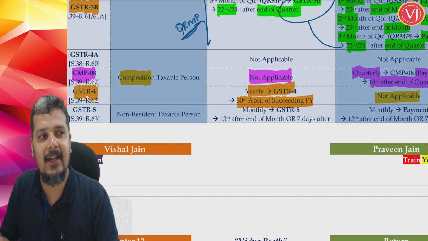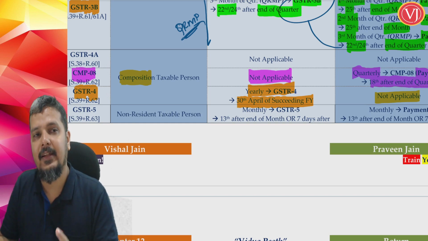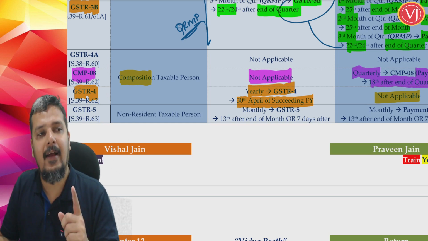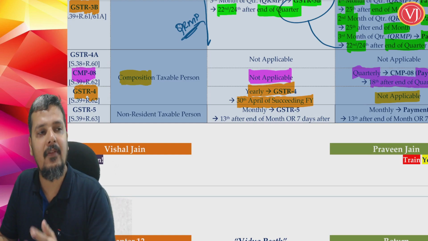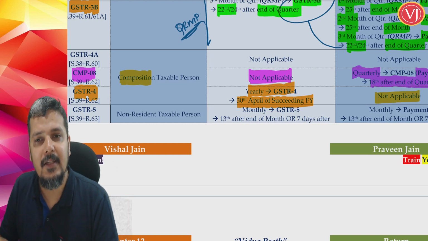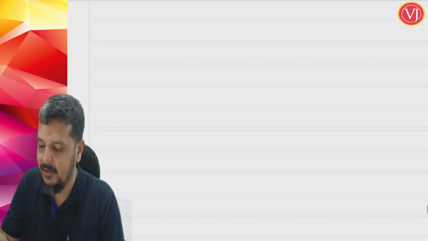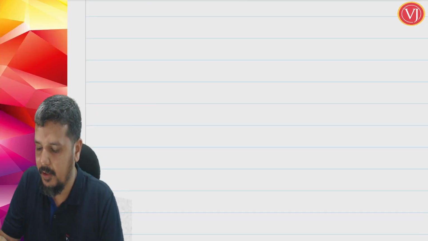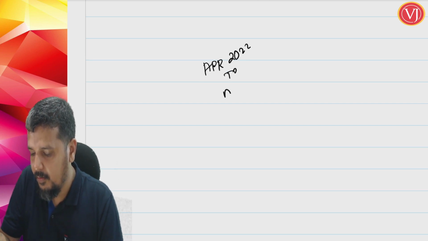So payment is quarterly, CMP 08, 18th after the end of the quarter, and return filing GSTR 4 is yearly. After the end of the financial year, it is 30th of April. If I am talking about a particular financial year, let us assume April 2022 to March 2023. What would be your answer?